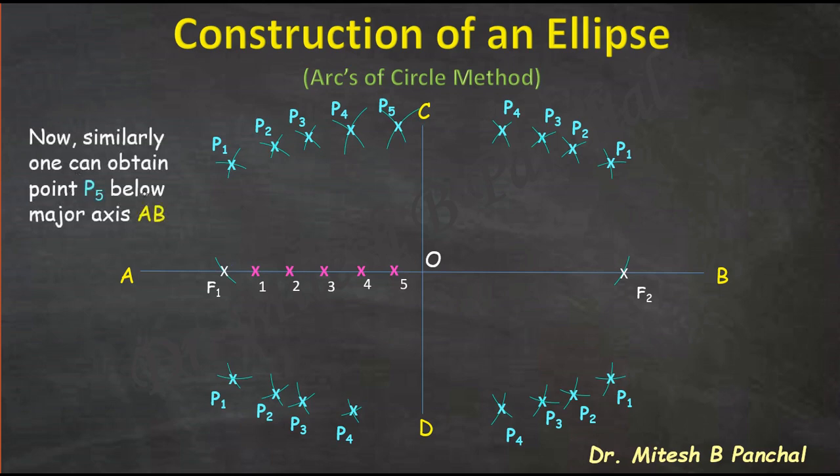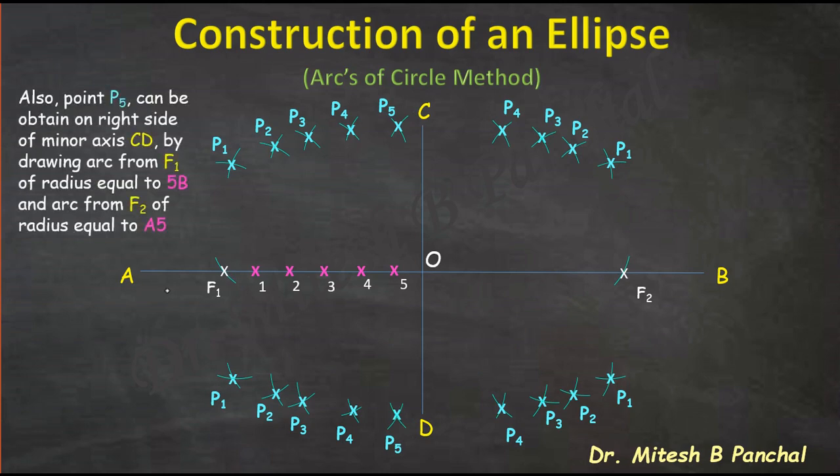Now similarly one can obtain the point P5 below the major axis AB. From F1 at a distance A5, draw an arc. From F2 at a distance 5b, draw an arc. We can obtain P5.